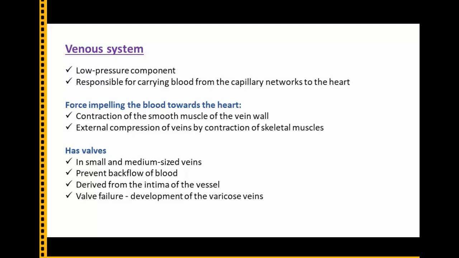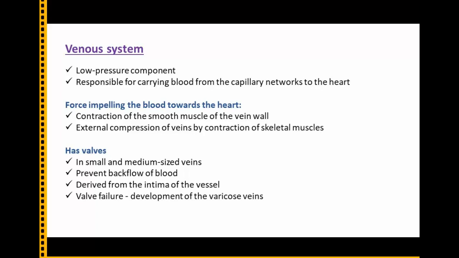Because the veins push the blood toward the heart against gravity. These valves usually are in small and medium sized veins, not in the large ones. They prevent backflow of the blood against gravity.